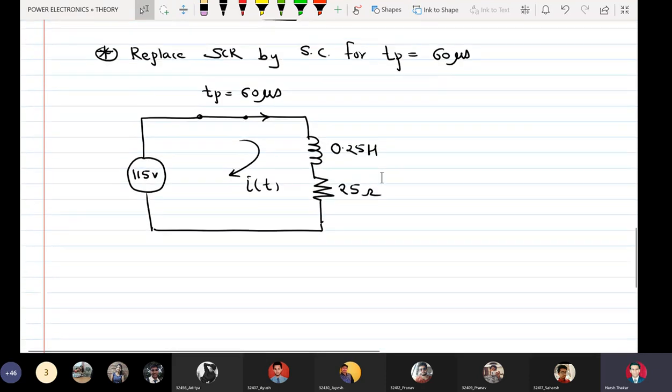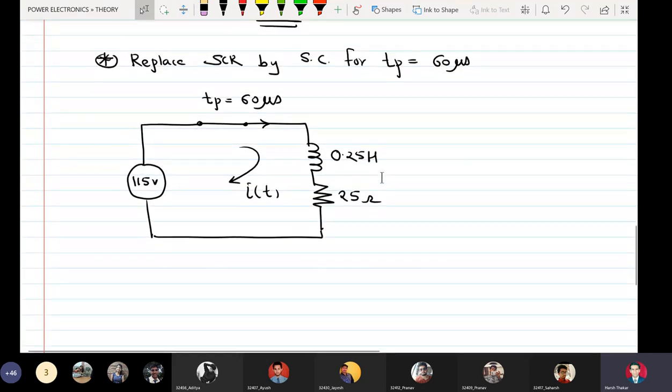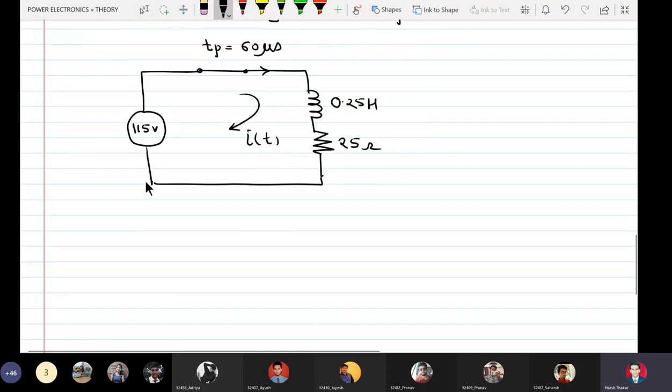Now in the 60 microseconds time interval, how much value will the current i of t attain in the presence of the inductor?